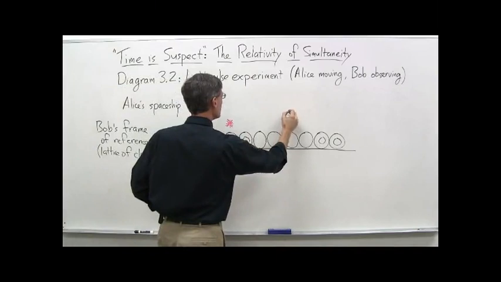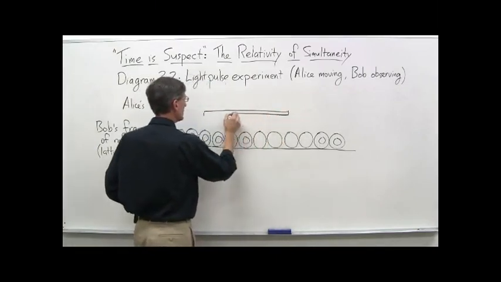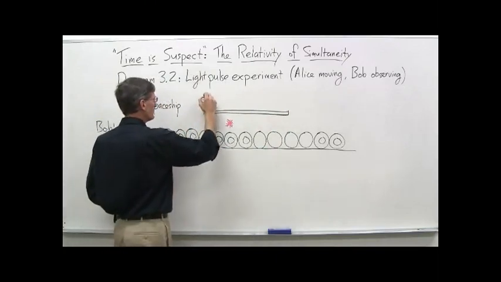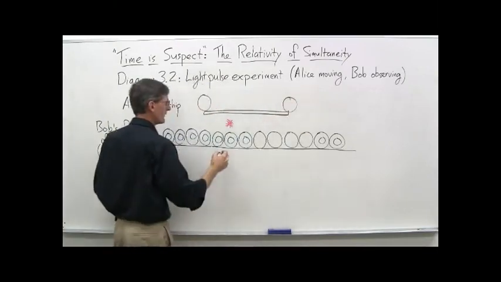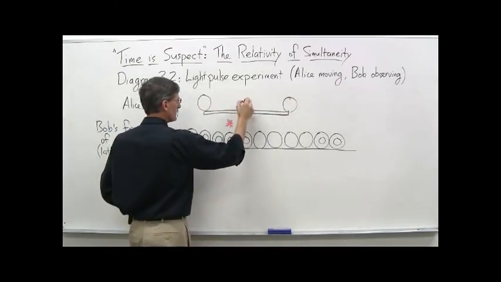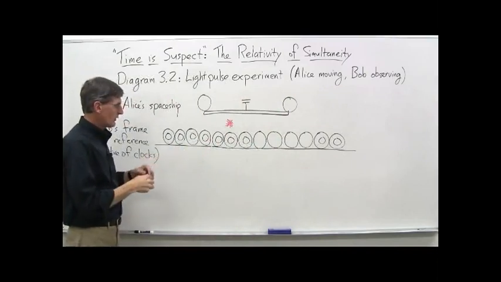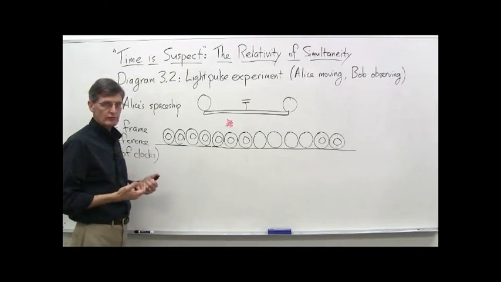It's going to go to right here approximately. So there's her little narrower ship at this point. But she has one clock here and one clock there. And remember, this is Bob observing now. So this is where the photons are really in transit.